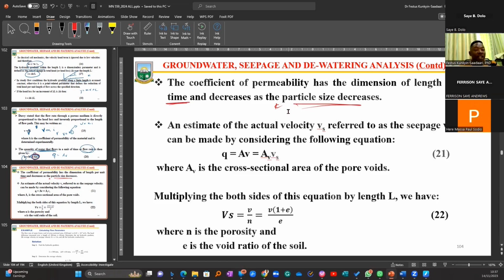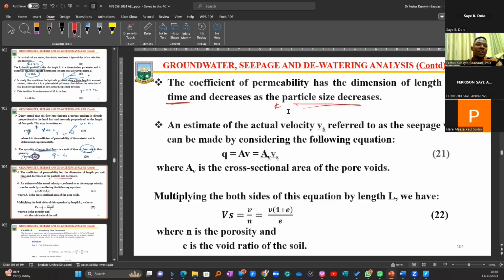Then we have the actual velocity that will occur in the soil sample or your rock sample, which is actually in natural sense what we've been dealing with, because you don't have water flowing unless surface water, runoff water. But then the actual flow of water through our rock medium is termed as what? Seepage.